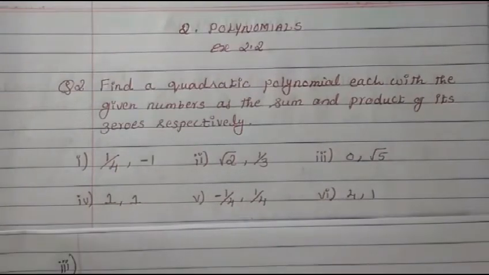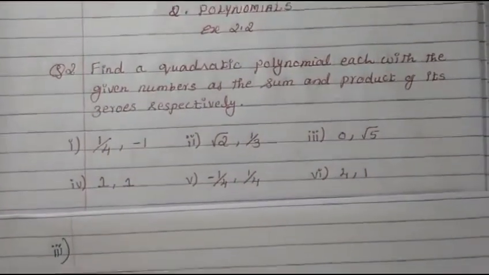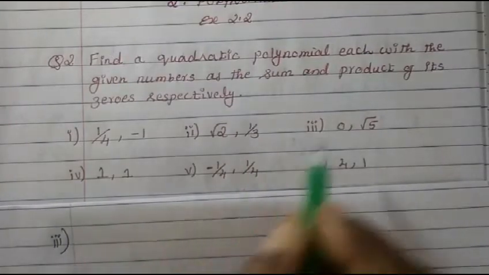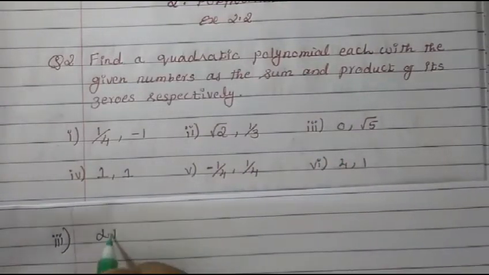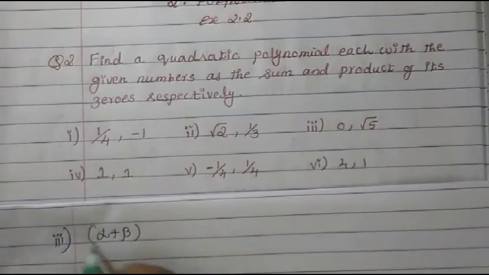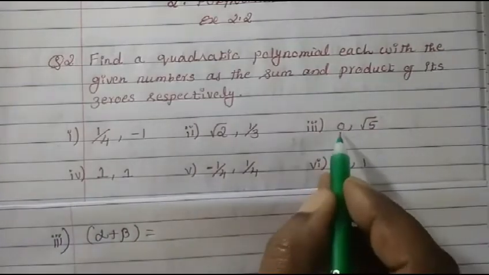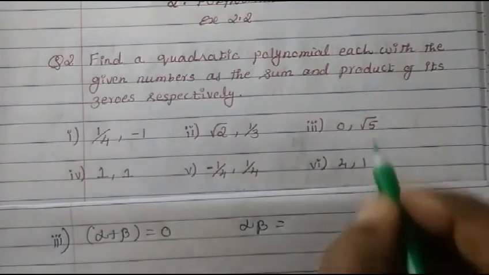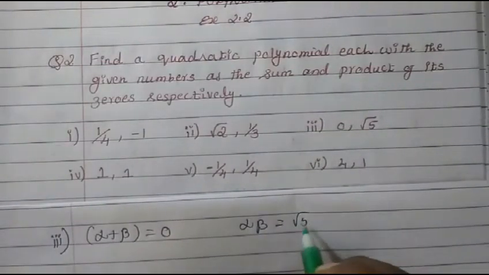The third one, first we will write down the assuming method. In that we will first write the sum of the zeros that is given to us. Sum of the zeros given to us here is 0, and the product of the zeros is given to us as root 5.